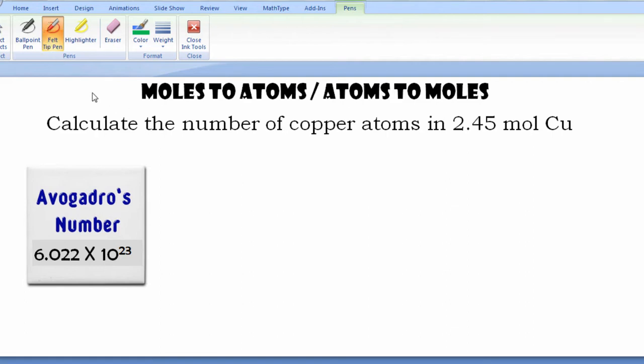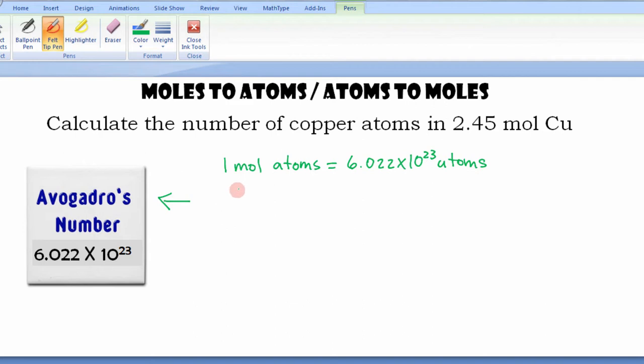We need to use this relationship, which is Avogadro's number: 1 mole of atoms equals 6.022 times 10 to the 23rd atoms.